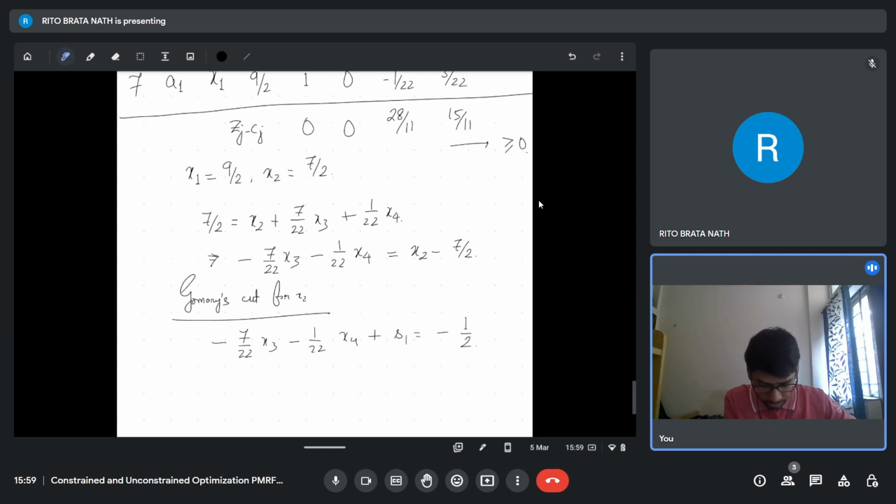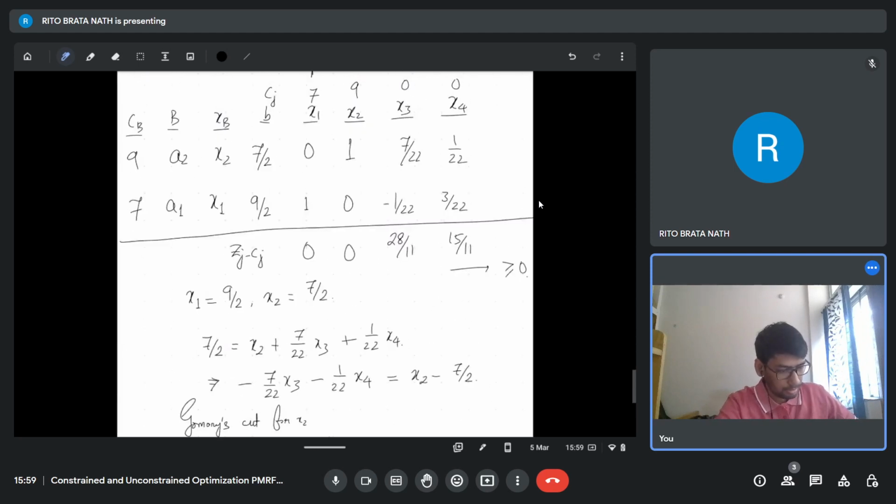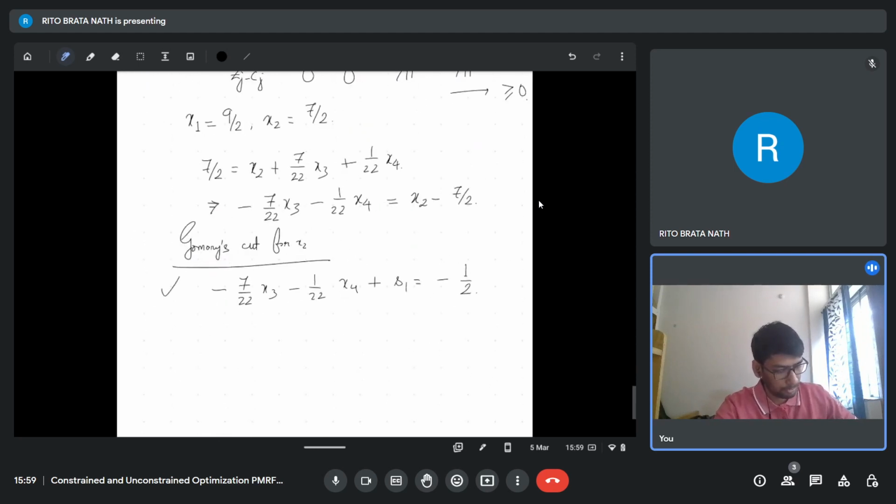Okay, so what you can do in general, I think, is write it as W transpose X. One way of doing it is, so this is the Gomory cut.